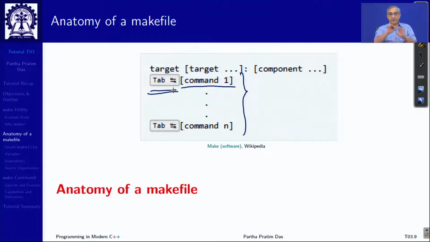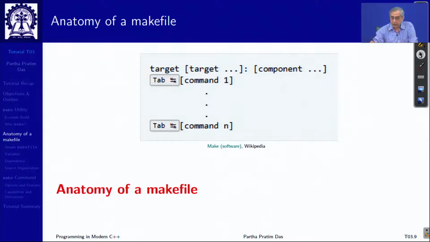If you just give spaces, it might look the same, but it will not work. You will get very weird kinds of errors. So, always make sure that the first character of the command is a tab. Use the tab key to provide that, and there could be multiple commands. Right. So, this is the basic anatomy.